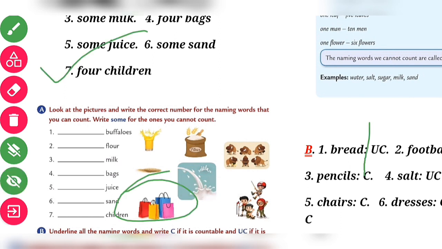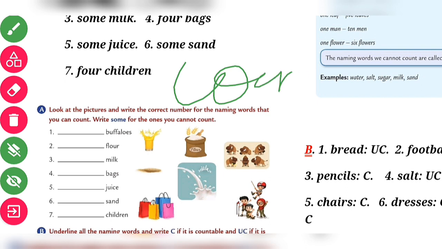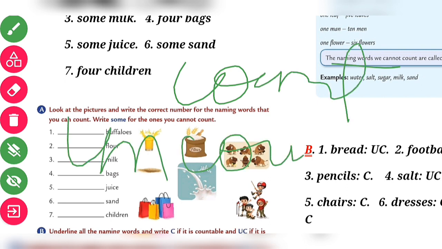Then some juice, and then some sand. And seventh is 4 children. So 1, 2, 3 and 4 children. So easily here you can understand that the words that you can count are countable nouns, and those that you cannot count are known as uncountable nouns. Clear?